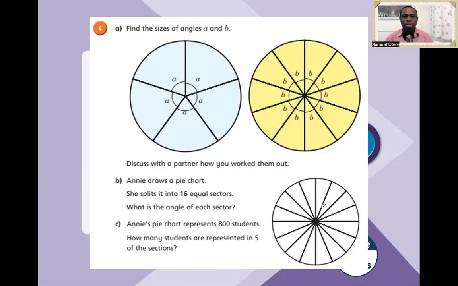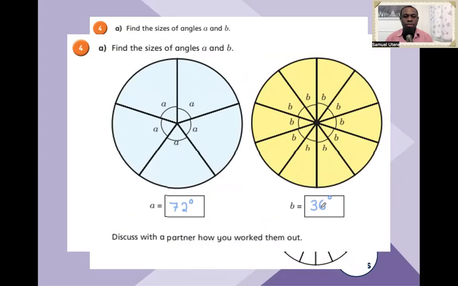Assuming you've paused the video and you've answered the questions, here are the answers. So for question 4A, you were asked to find the value of angles A and B. Well, you can see here that the angles are equal. So we have 360 degrees.